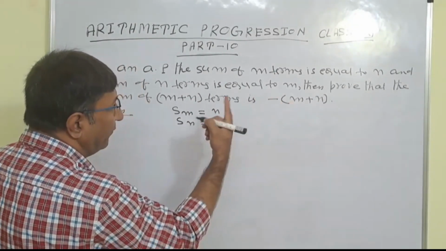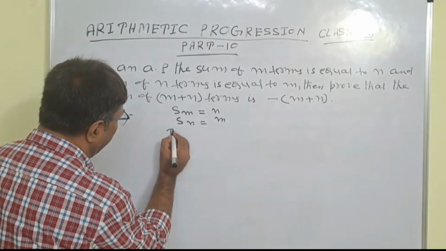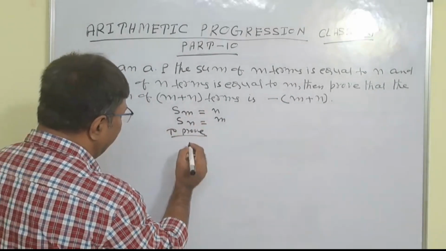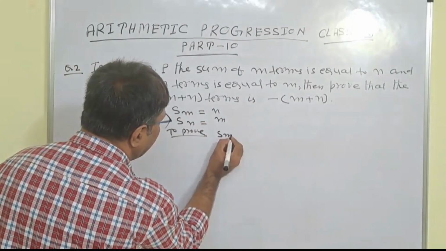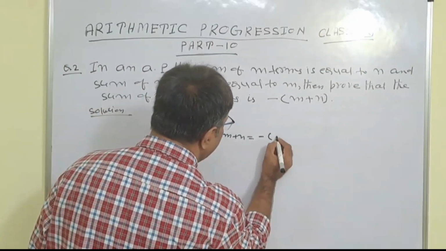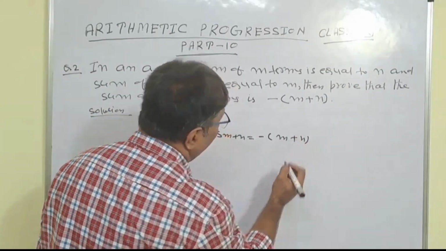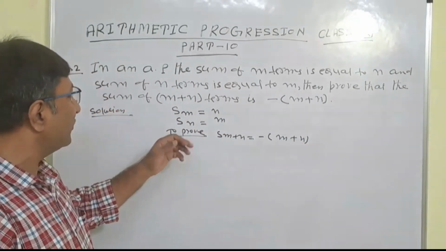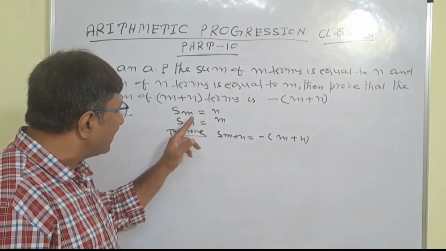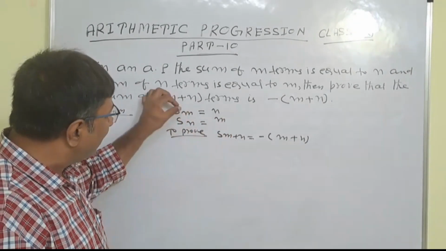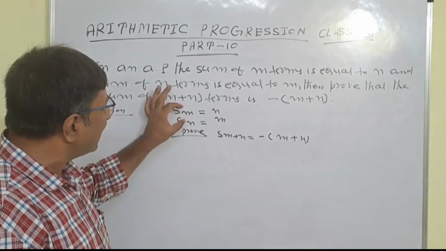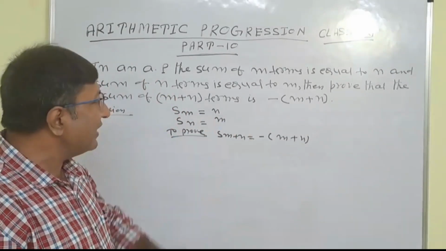Then prove that, so we have to prove here the sum of (m plus n) terms is minus (m plus n). So we can use this as a trick also. If the sum of m terms is given as n, and the sum of n terms is given as m, then if we find the sum of (m plus n) terms, it is simply minus of (m plus n). Let us see how we can prove it.